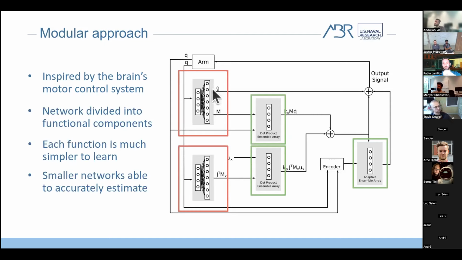The effect of gravity on each of the joints can be calculated with only the joint angles themselves. So if I know the joint angles of the arm, then I can calculate what gravity is going to be at each position and what torque needs to be applied to each joint to cancel out that effect. So that's what I mean here.